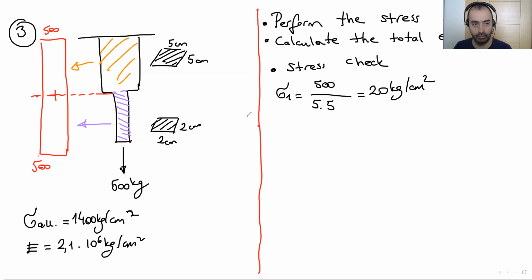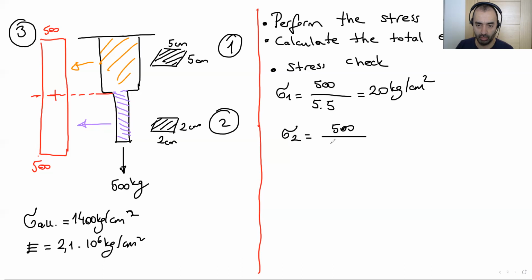Okay, in the first portion, sigma 2. So in the second portion, I'm expecting a higher stress value than the sigma 1 because the area is smaller than the first portion. Yes, here 2 times 2.